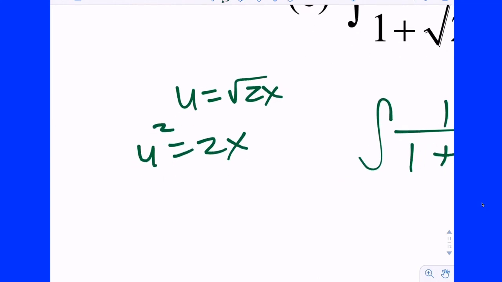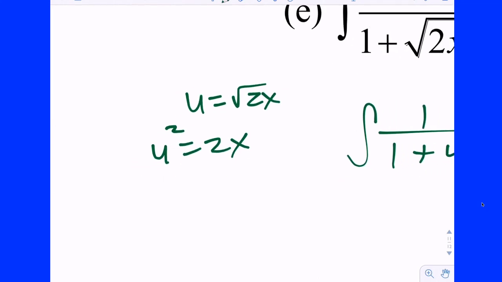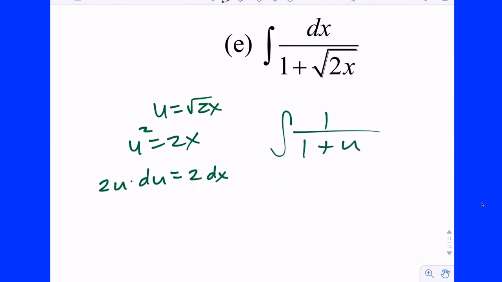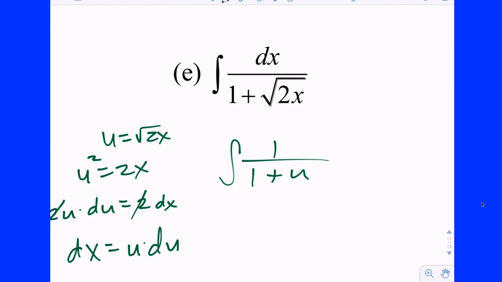And now I can take the derivative of both sides implicitly with differential form. I get 2u du equals 2 dx. I can get the 2's to divide out, and I get dx equals u times du. So I can replace dx with u, which I put in the top, and then du there.